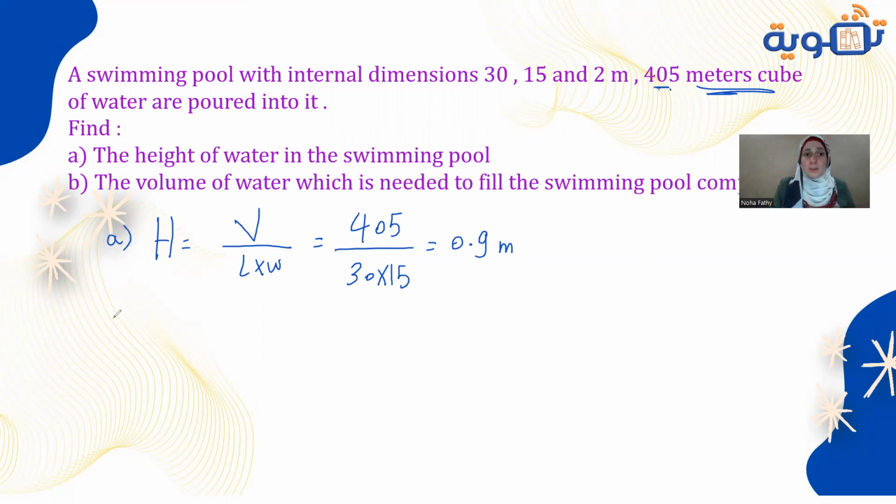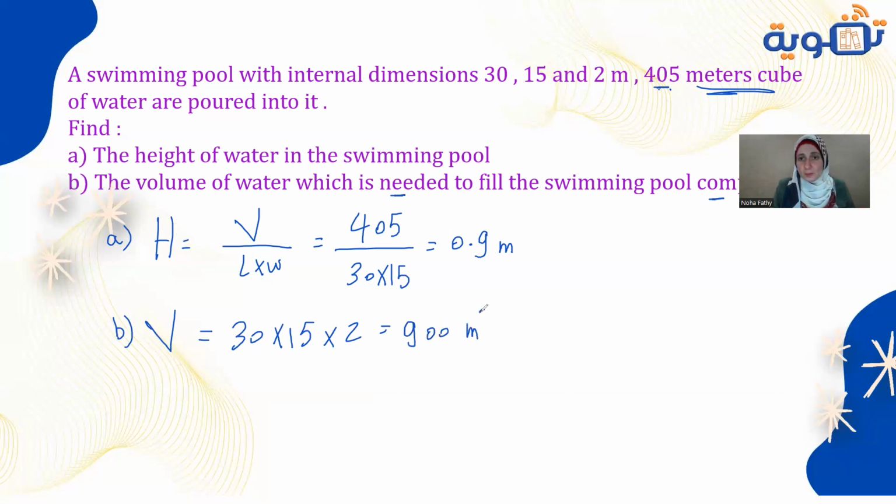This is number A. Number B, given the volume of the water, what is the volume of the water needed to fill the swimming pool completely with water? I will calculate the volume of the swimming pool. First, 30 times 15 times 2 equals 900 cubic meters. Then I will subtract the volume of the water from the volume of the swimming pool to find the volume of the water needed to fill the swimming pool.